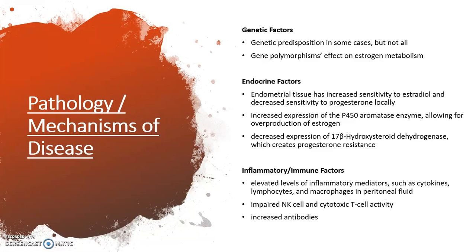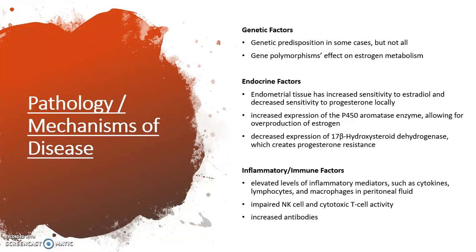As for the endocrine factors, at the heart of endometriosis is the fact that it's an estrogen-driven disease. And research shows that in women with endometriosis, their endometrial tissue exhibits higher estrogen and lower progesterone locally. This is because the endometrial lesions have increased expression of the P450 aromatase enzyme, which allows for estrogen overproduction.